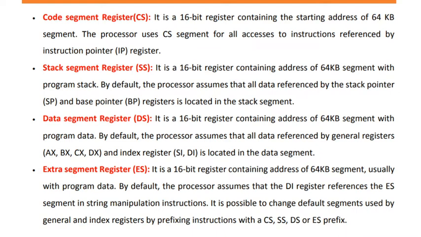This can be done by simply prefixing instructions with a CS, SS, DS or ES. So if we prefix the general and the index registers with a specific segment register, then we can change the default segments. Now these are the four segment registers that we have in 8086.